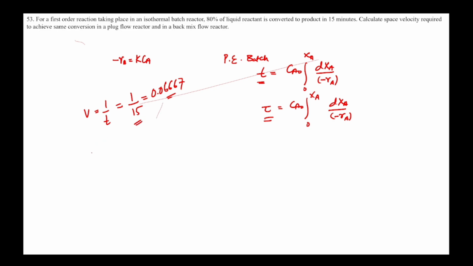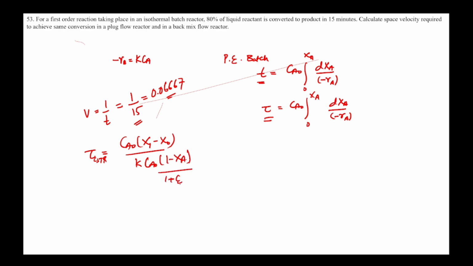For tau of the CSTR, it is CA naught times X1 minus X naught, upon k CA naught times 1 minus XA.